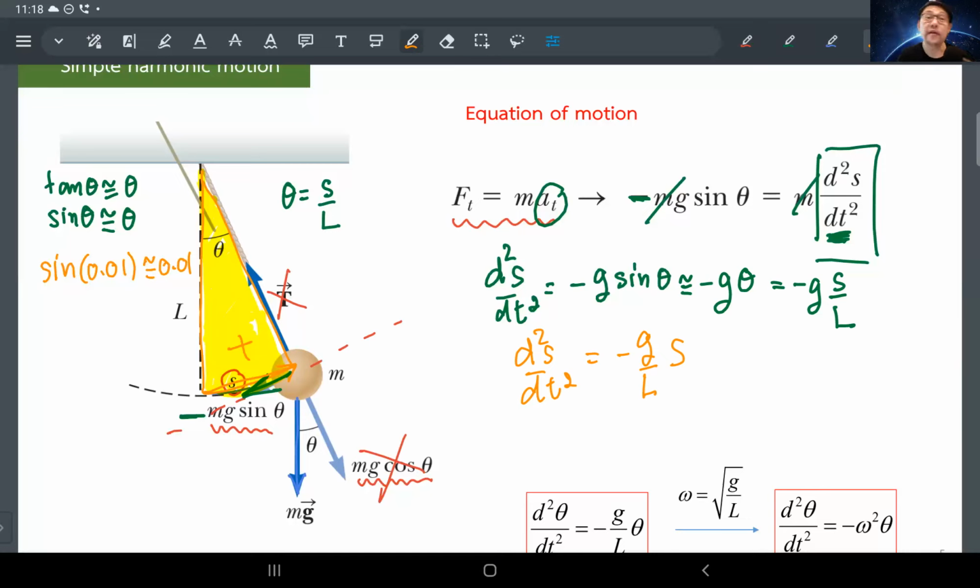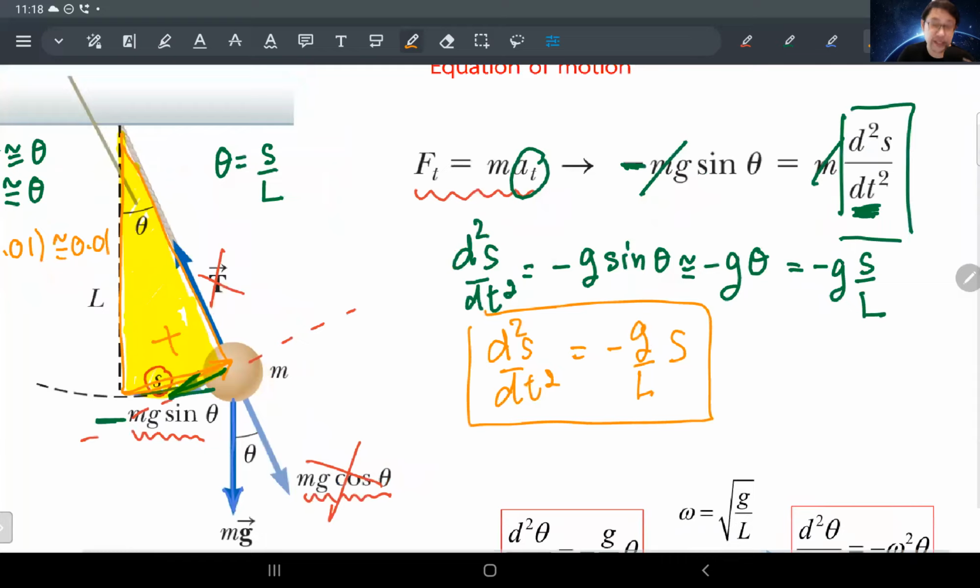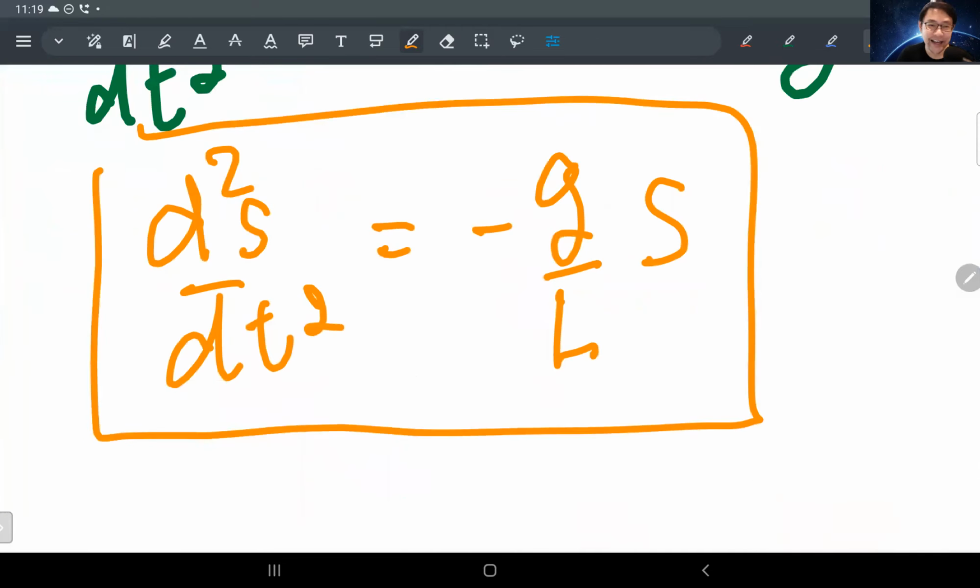From the first time that you saw the second order derivatives, now you see it again in front of you, but look at the structure of this one. How do you feel? I want you to stare at it. Yeah, it's similar.